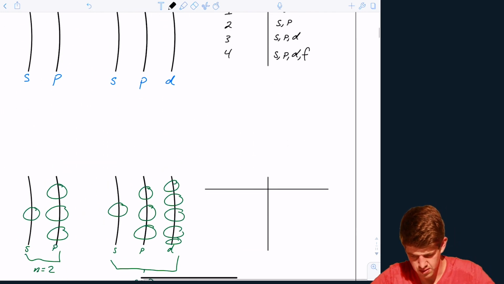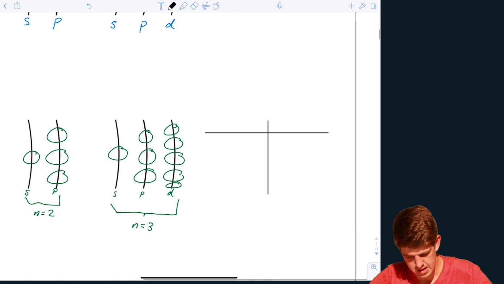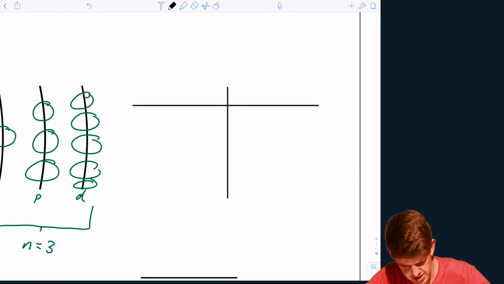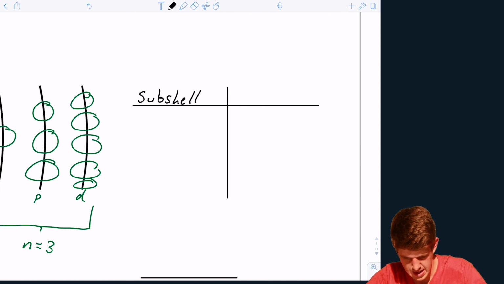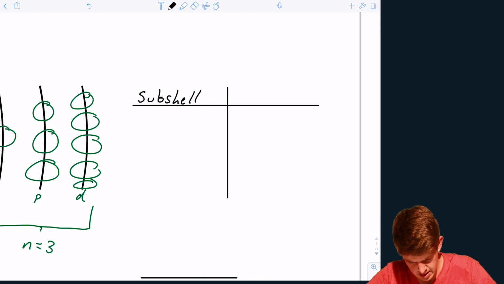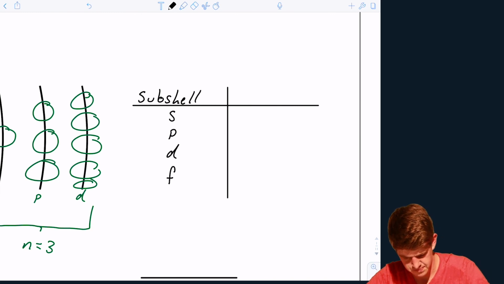Last but not least, orbitals. For this table, we'll just use the subshell, because each subshell, no matter whether it's an S, P, D, or F, each one has the same number of electrons, maximum. That is the S subshell, P subshell, D subshell, and then F subshell.